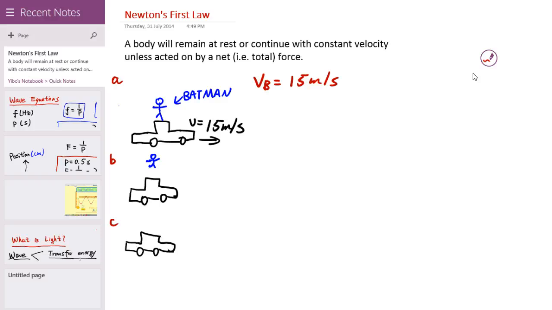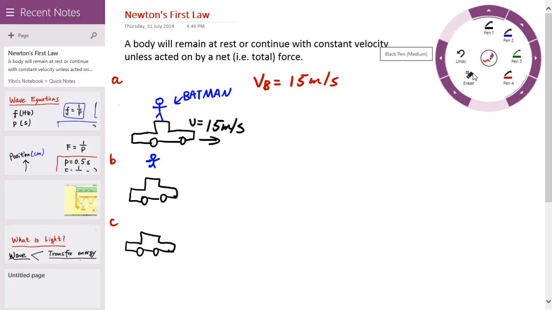The second part is, when Batman jumps up, what is his horizontal speed? Think about it.